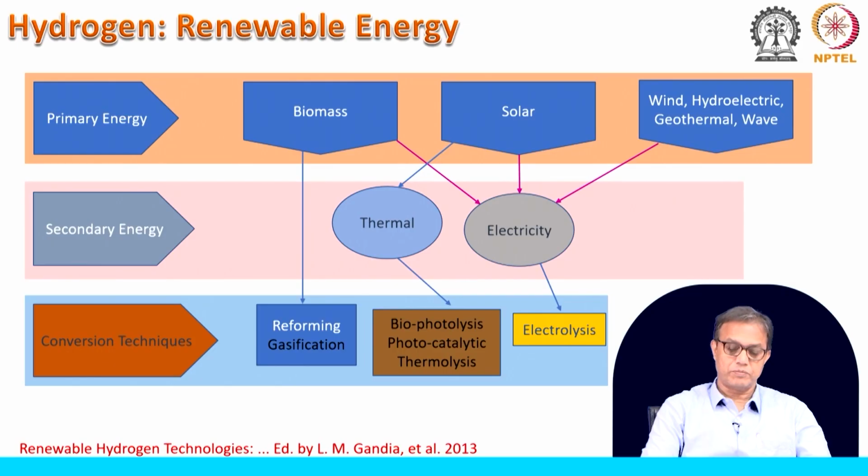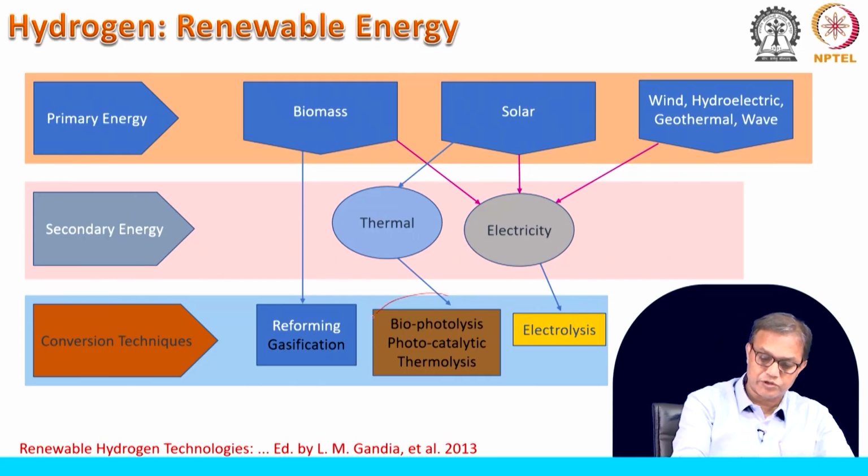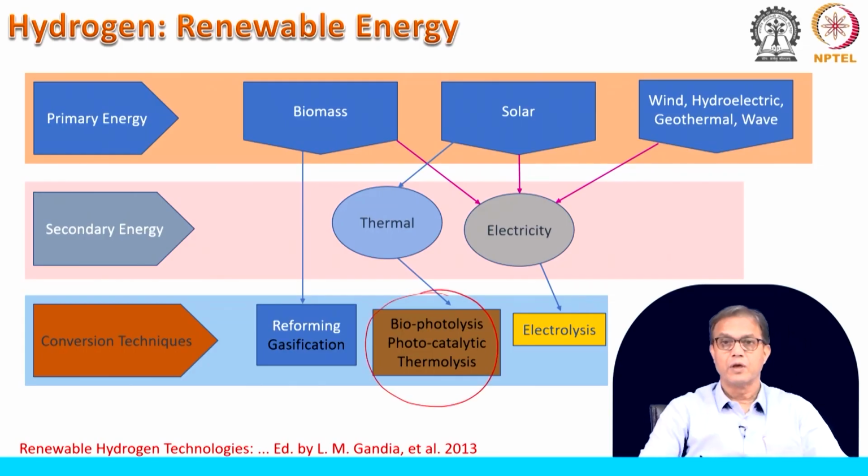But most of these processes are at the R&D or research level. Commercial-scale generation of hydrogen is not that popular. All these energy resources and conversion techniques generally give us renewable hydrogen.